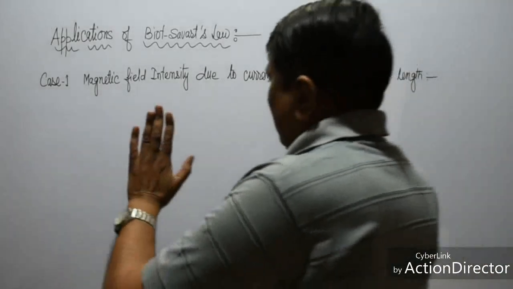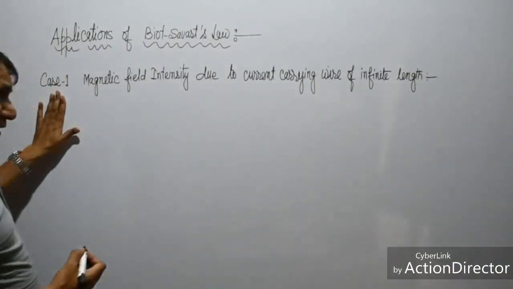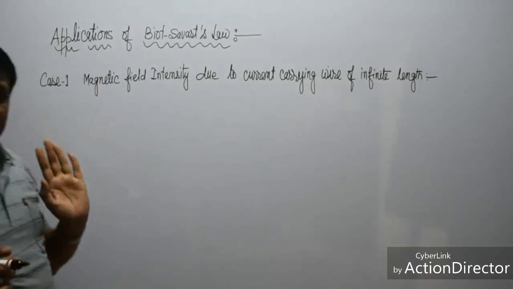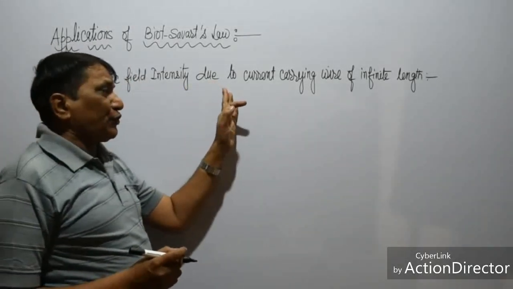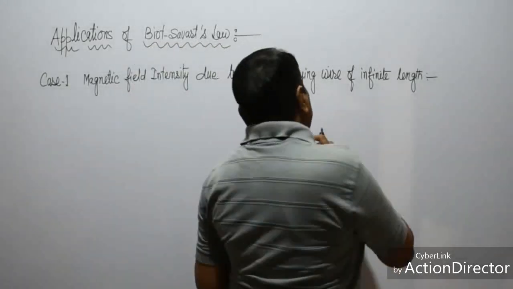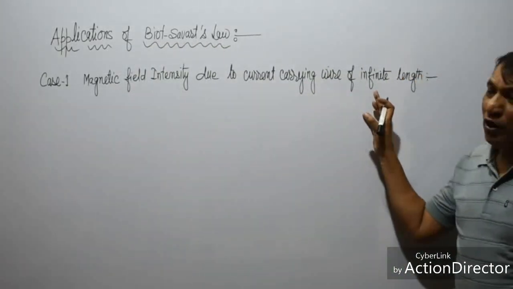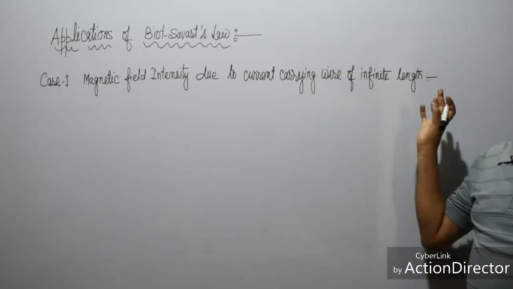So next we can take a case. Case number 1: magnetic field intensity due to a current carrying wire of infinite length.